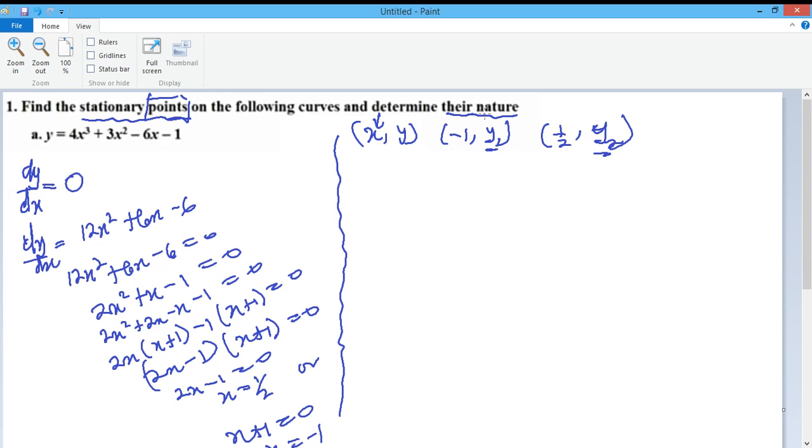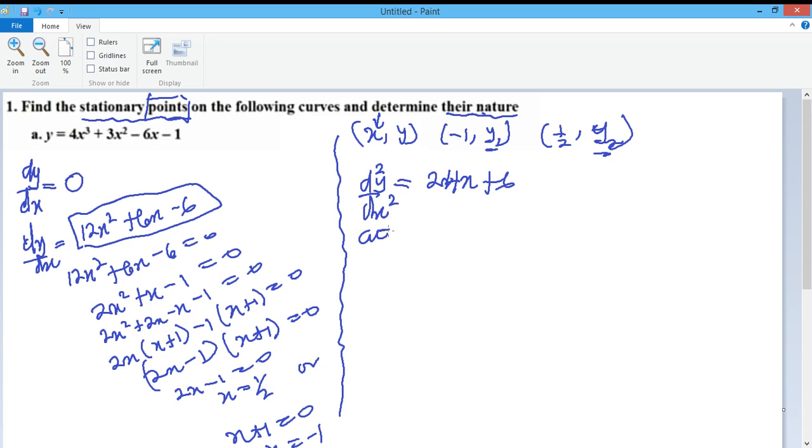To determine the nature, we need to find the second derivative, d squared y over dx squared. So we differentiate this function again, and we get 24x plus 6.